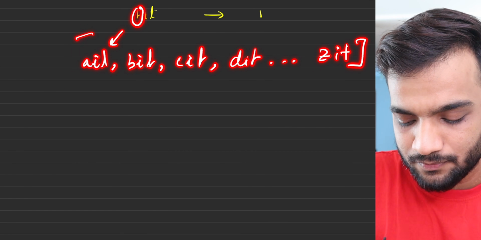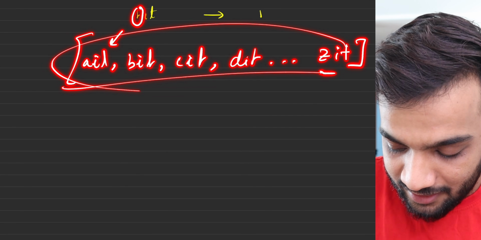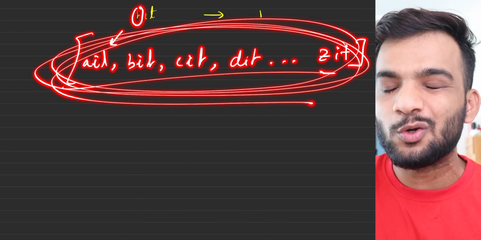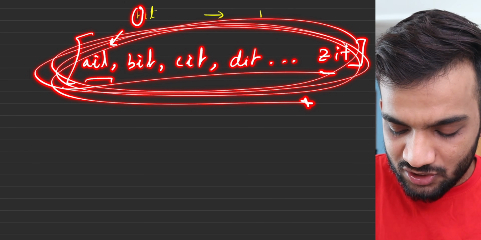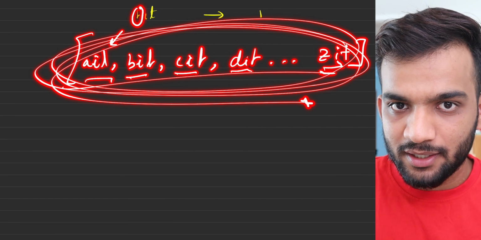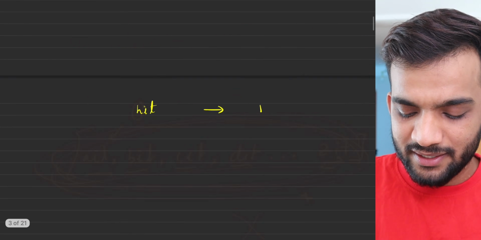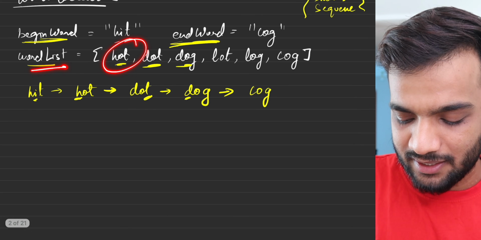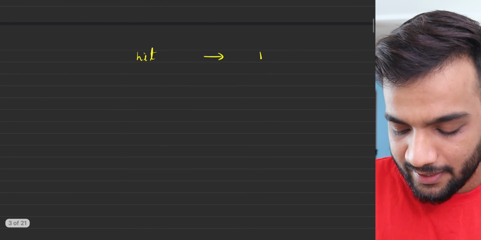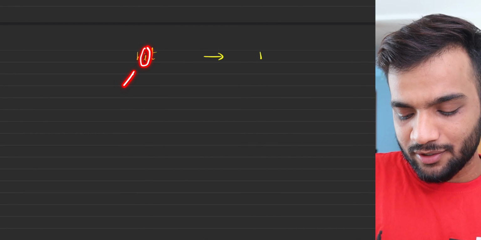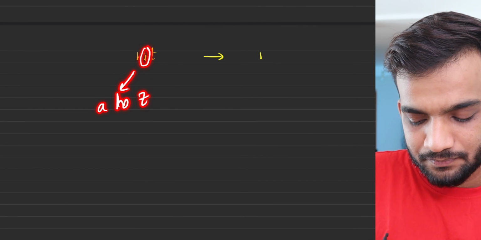In order to transform hit to any of these, these words should exist in the word list, and they do not. If you go and see in the word list, there is nothing like AIT, BIT, CIT, none of them. So not possible.